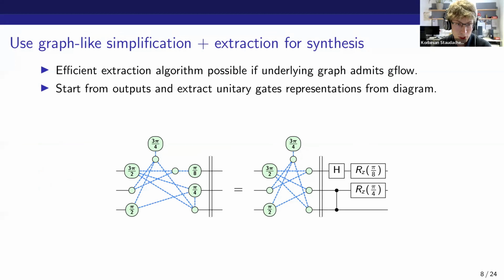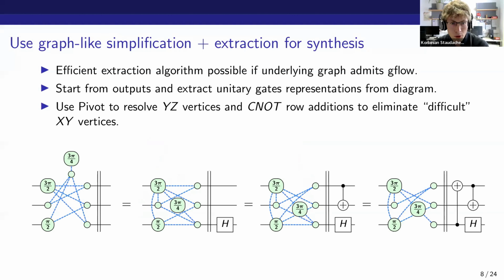So this would be, for instance, here a pi/8 phase in this Z spider, which we can simply extract as an RZ gate. A Hadamard wire which is connected only to another spider here from the outputs, we can directly extract as a Hadamard gate. And if we have a wire between two outputs, we can directly extract this as a control Z gate.